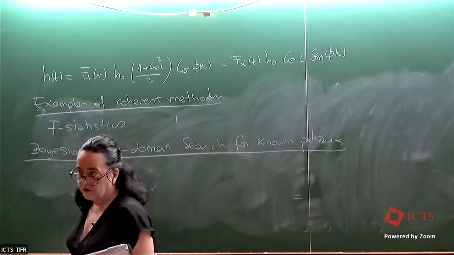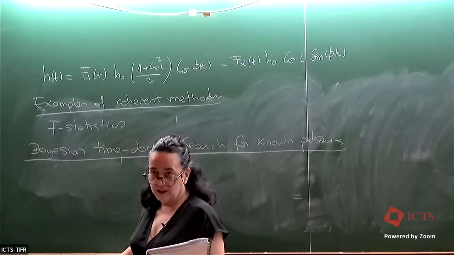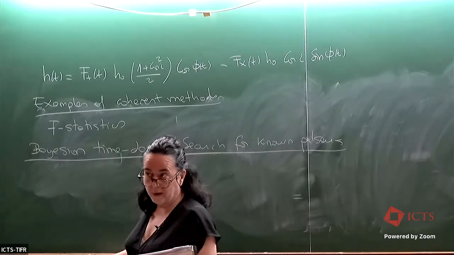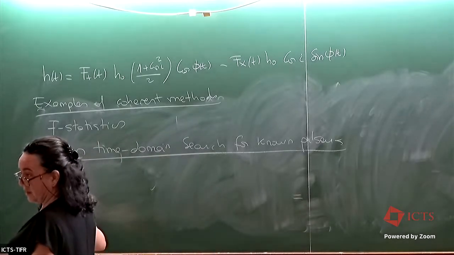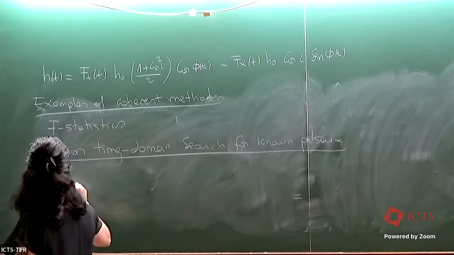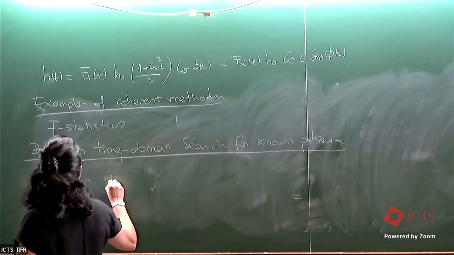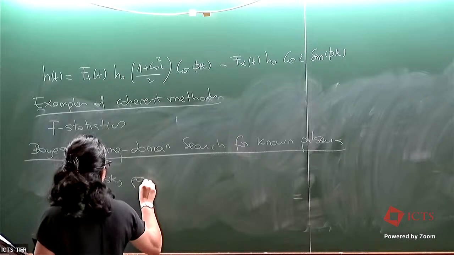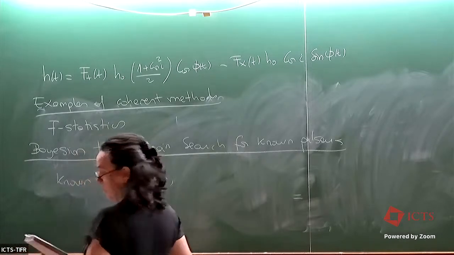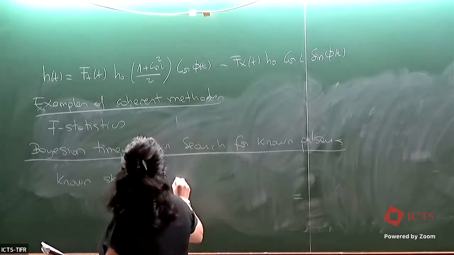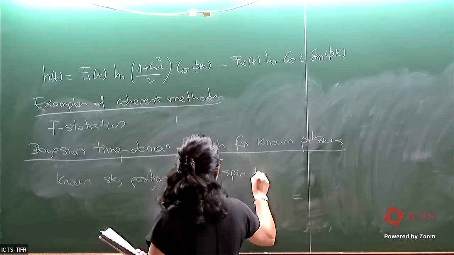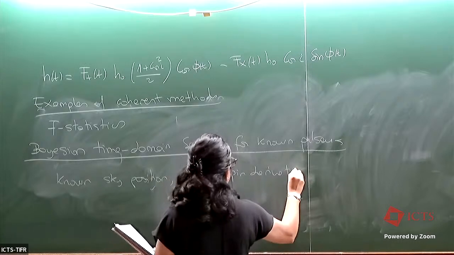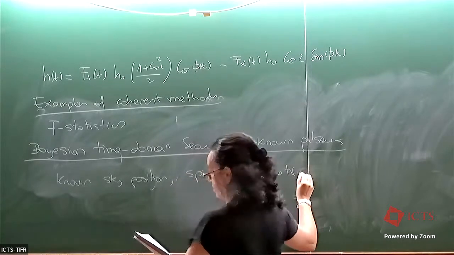So basically, I can use this method easily for known pulsars, when I know the sky position and I also know the spin and the spin derivatives accurately.